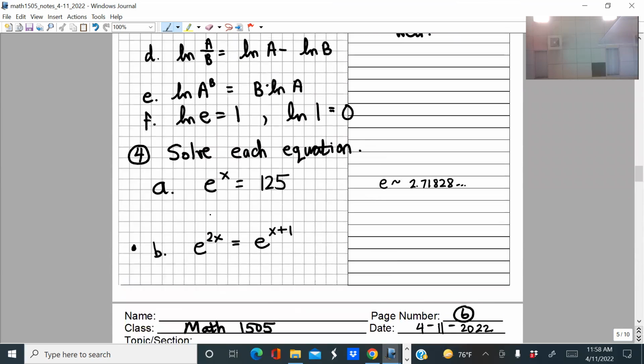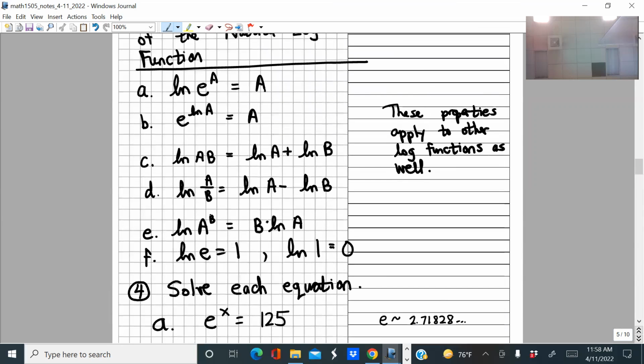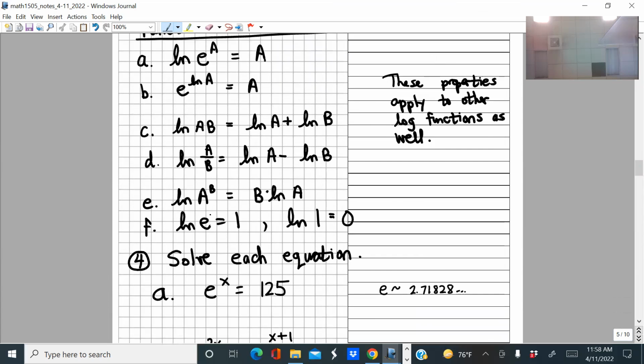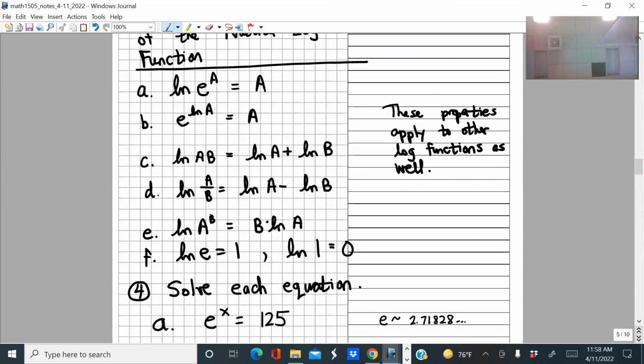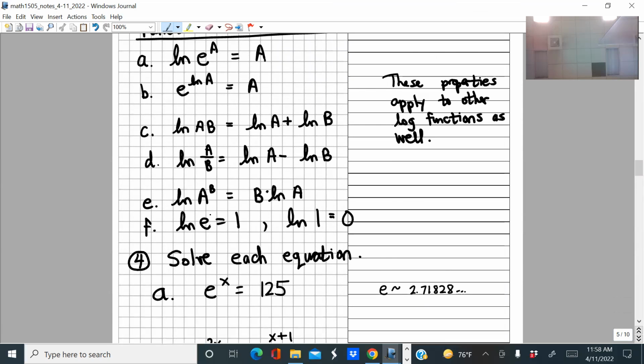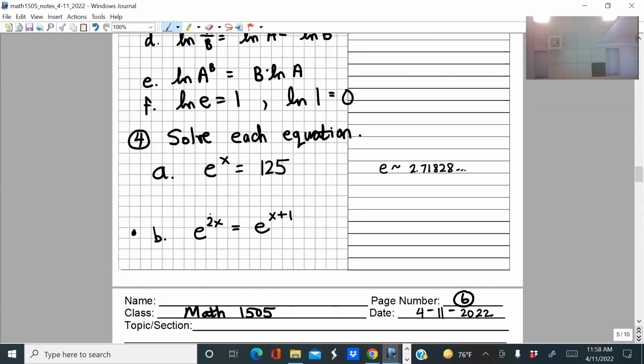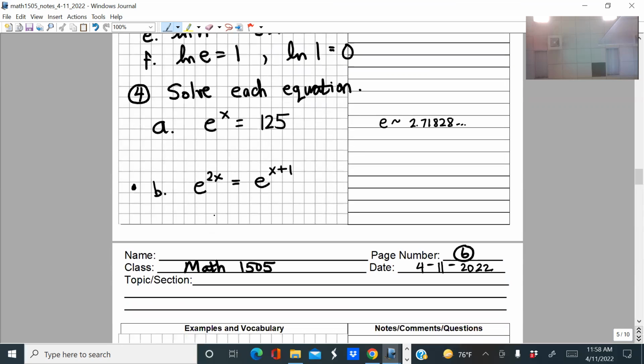Log functions have many interesting properties, and we're going to talk about those properties because they're very useful. These are properties that many other functions do not have. But before we talk about those properties, let's get to how we're going to use log functions.